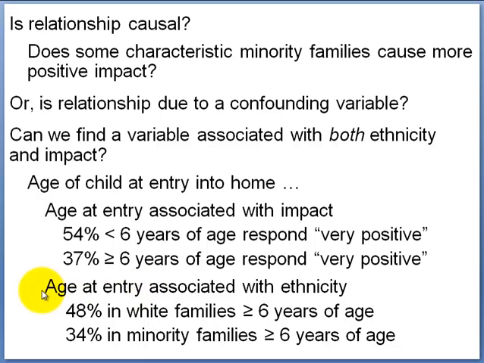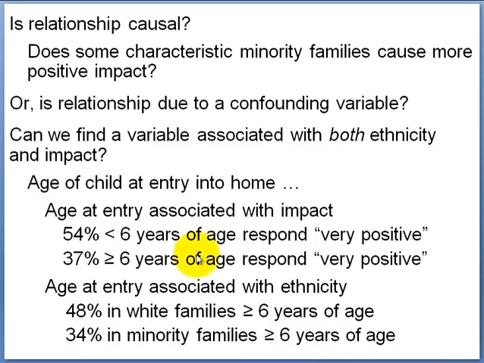Is age at entry also associated with ethnicity? Yes, it is. In white families, 48% of the children entered when they were 6 years of age or older, whereas in minority families, only 34% entered at age 6 or older.